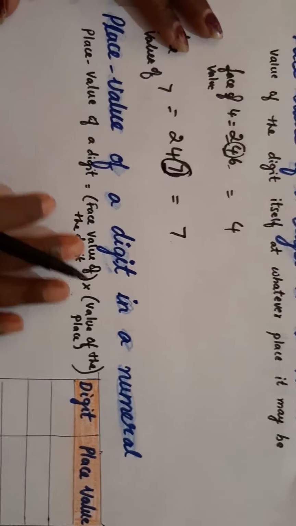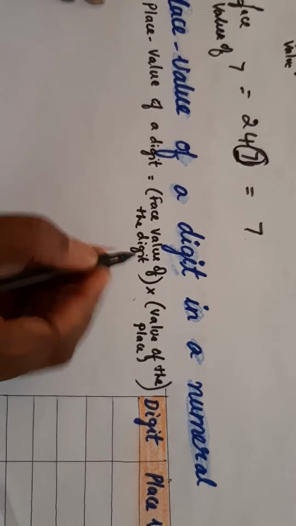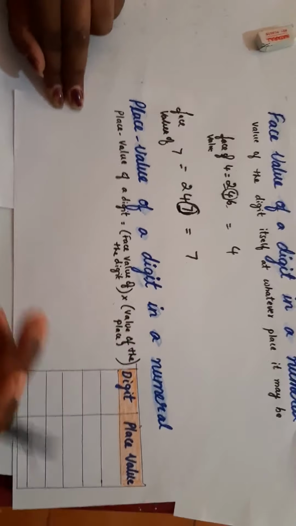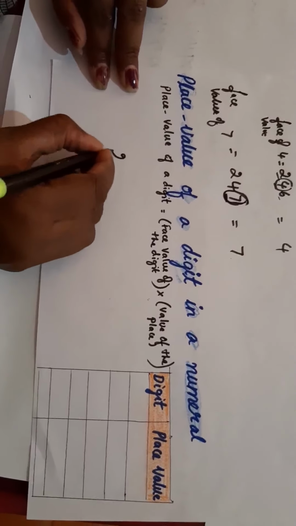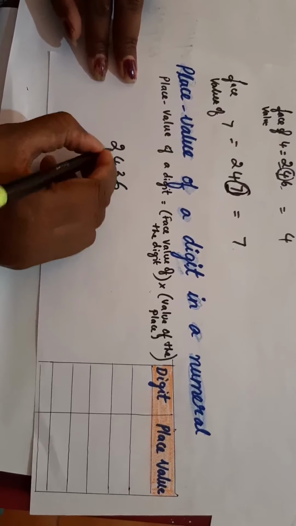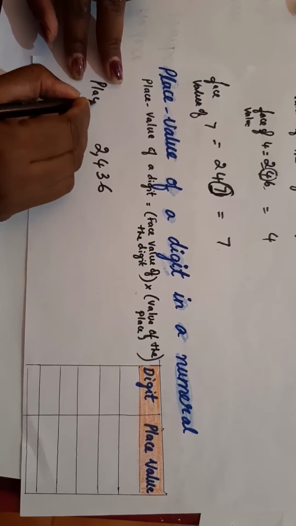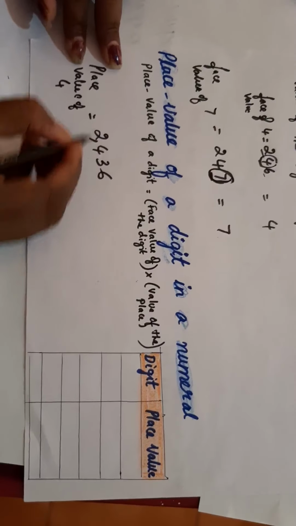Next, coming to the place value of a digit. Place value of a digit is the face value of the digit into the value of the place. For example, I am taking 2,436. I want the place value of 4.